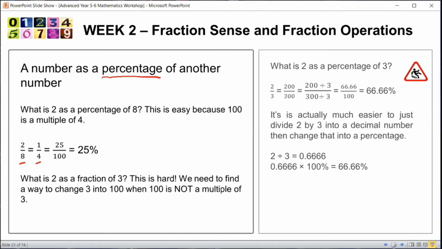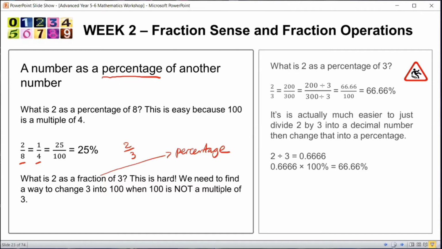All right. Now the next bit, what is 2 as a percentage of 3? Now we have an issue.